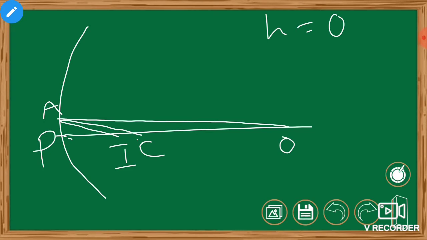Okay, so here we can find the perpendicular drawn from A to the principal axis, from the point A. This is what we already represented before, that is P dash. Now this P dash lies on the pole P. So that means for this case P is equal to P dash.